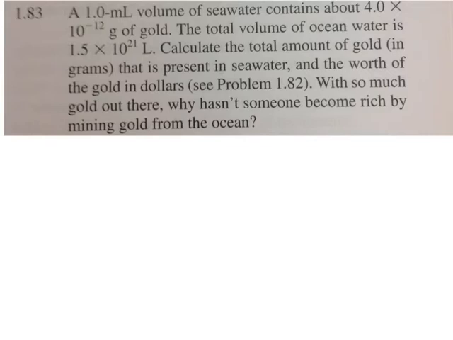So your first clue is that there should be a lot of gold in the ocean, just from the problem. So, let's take what we know. 1.0 milliliters of seawater contains 4.0 times 10 to the minus 12 grams of gold.